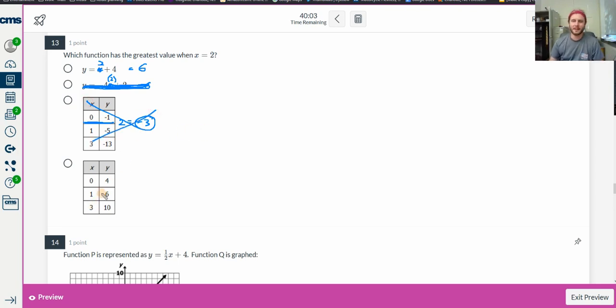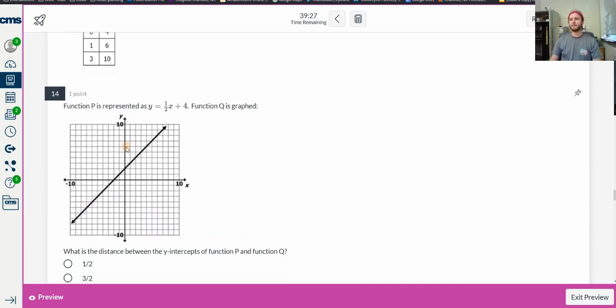And then last but not least, for this one, oh wait, that would have been right here actually. 2 would have been between 1 and 3, which means it would have been negative 8 or something like that. Still less, so it's still not C. The last answer choice, if x were to equal 2, y would equal somewhere between 6 and 10, so possibly 8. So this one is going to be the largest value for x equals 2. That's what we wanted for this one.